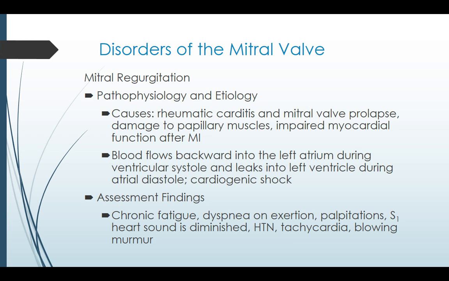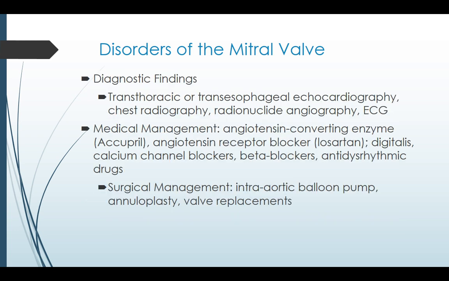It can lead to cardiogenic shock. Chronic fatigue, dyspnea on exertion, palpitations, S1 heart sound is diminished, hypertension, tachycardia, blowing murmur. So this is one you can hear real well.